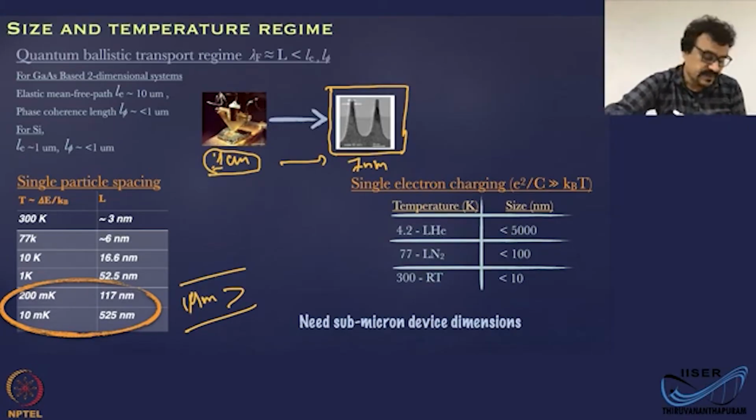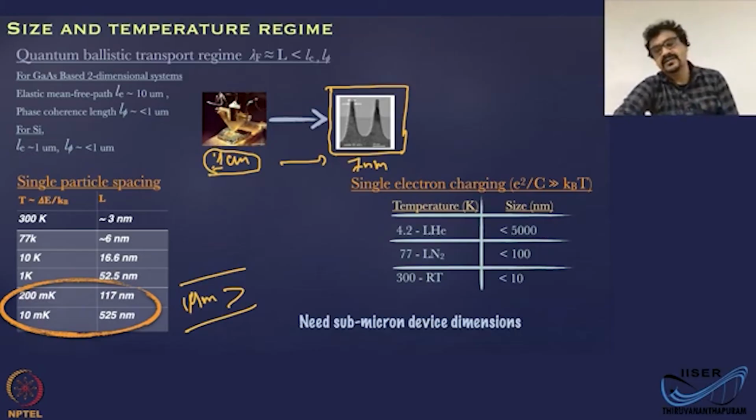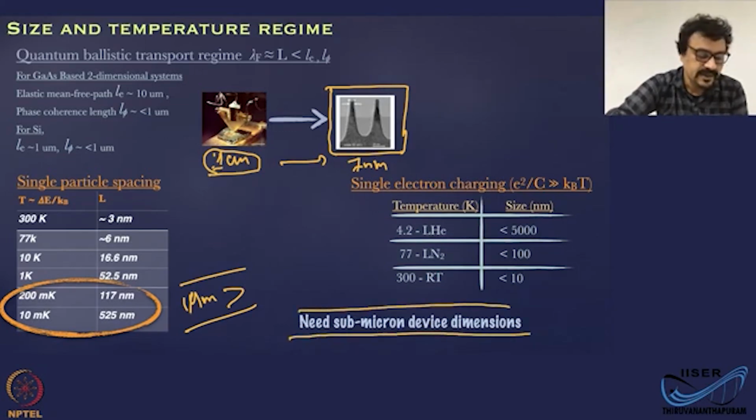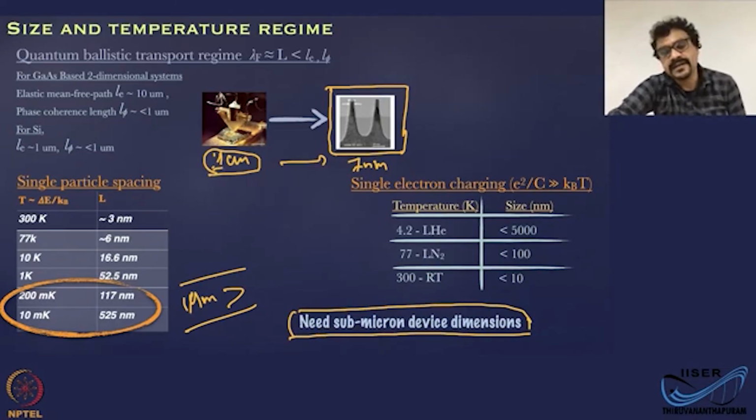But remember, this single electron charging phenomena is not strictly a quantum mechanical effect. It's a classical electrostatic charging effect, which we will discuss when we discuss quantum dots and tunnel junctions in one of the upcoming modules. So in a nutshell, what we are seeing is we need devices with submicrometer dimensions to observe most of these phenomena. And that is the main topic that we are going to discuss in this lecture.